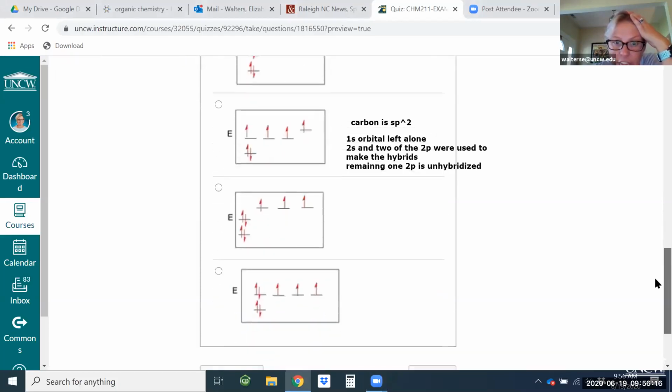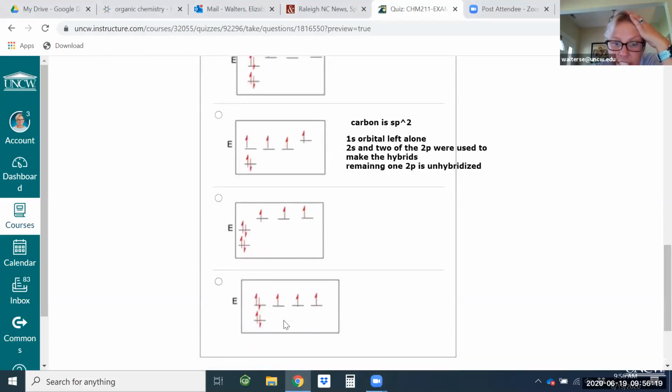Let's just check again. Okay, this is wrong because it's a carbon atom, which can only have 6 electrons. 1, 2, 3, 4, 5, 6, 7. So this has too many electrons. 1, 2, 3, 4, 5, 6, 7. Too many electrons. So it has to be this one. Even though the energy difference shown here is shown as pretty big, it's actually small.